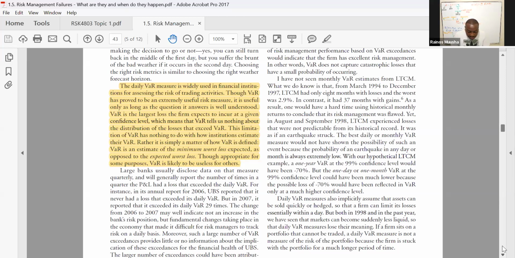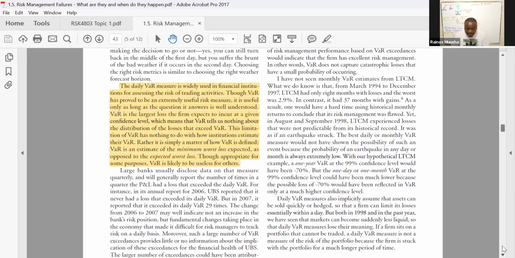Value at risk is the largest loss the firm expects to incur at a given confidence level, which means that the value at risk tells us nothing about the distribution of the losses that exceed the value at risk. So this limitation of value at risk has nothing to do with how institutions estimate their value at risk. Rather, it is simply a matter of how value at risk is defined.